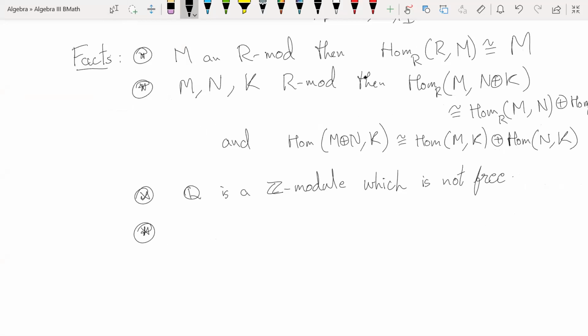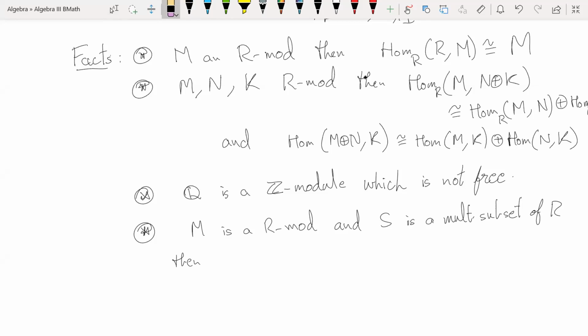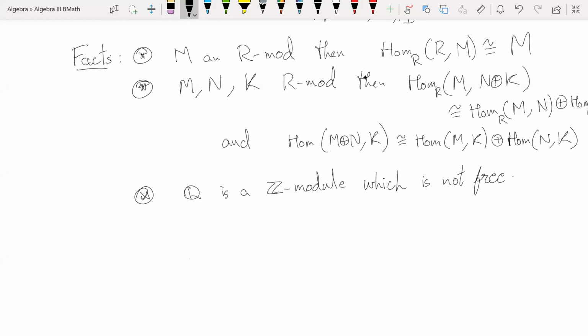M is an R-module where R is some commutative ring with unity, and say S is a multiplicative subset of R. Oh, I haven't talked about S inverse M, this localization of modules, at all. So maybe we'll not discuss this.